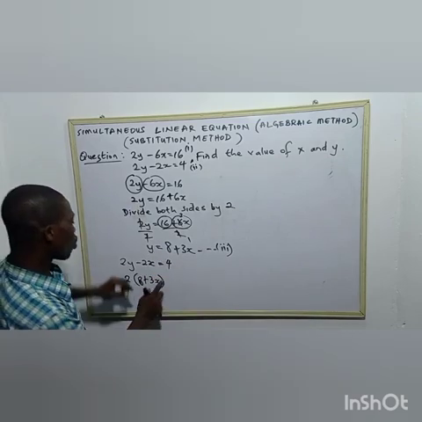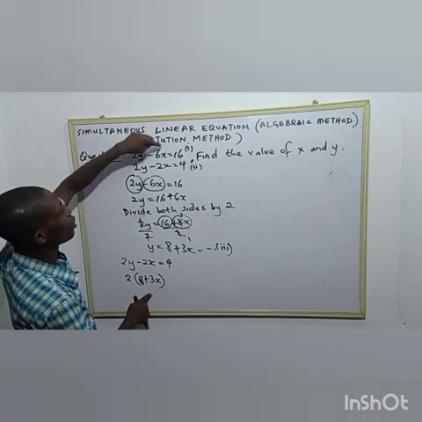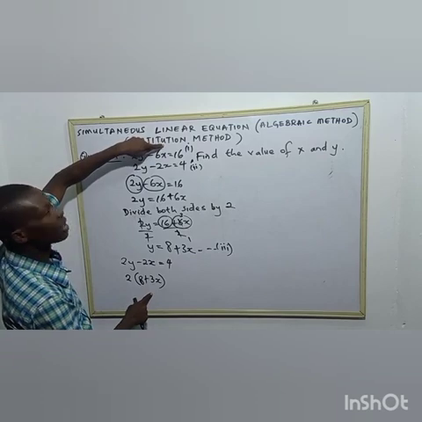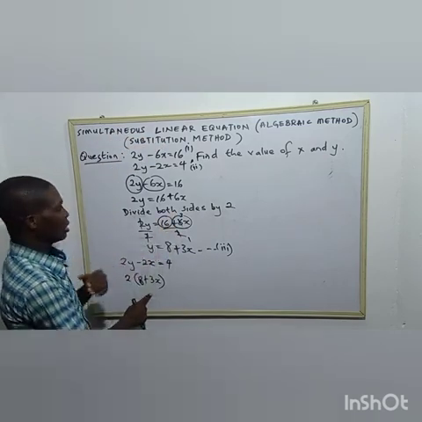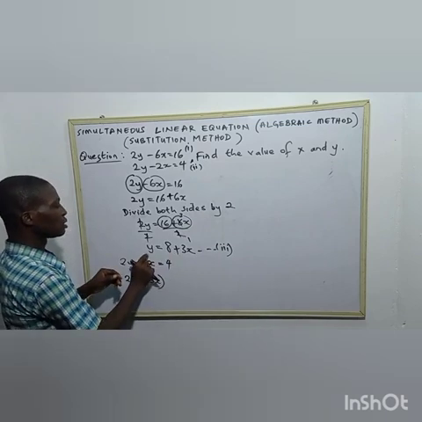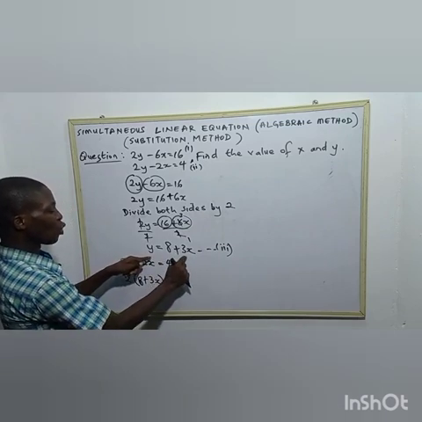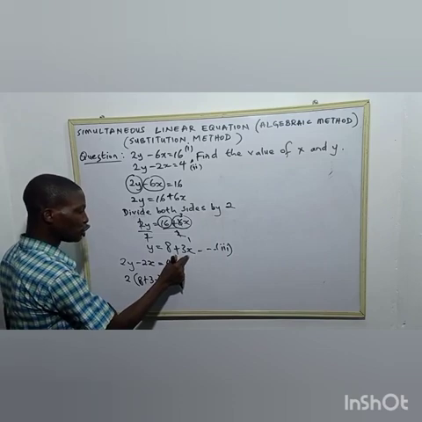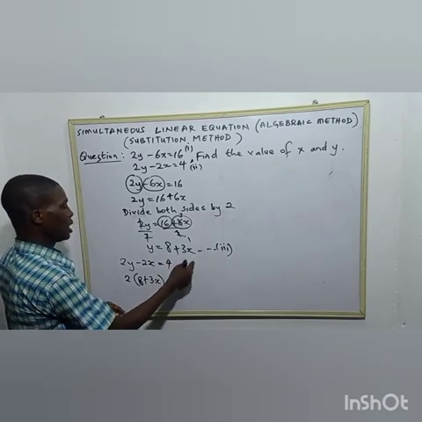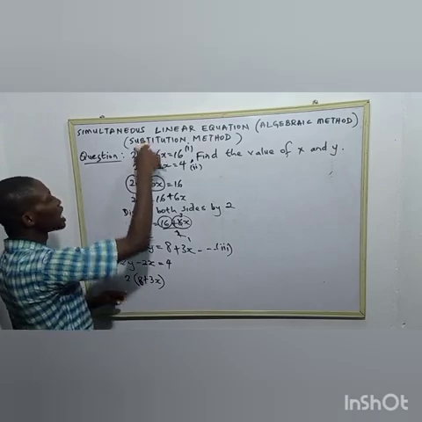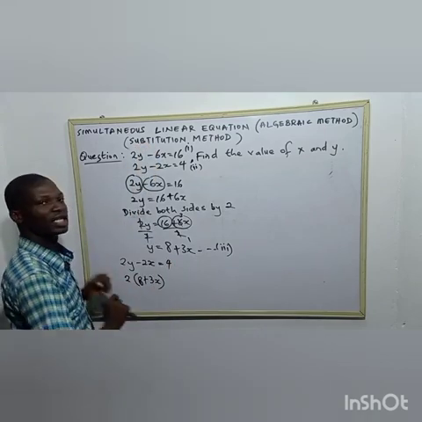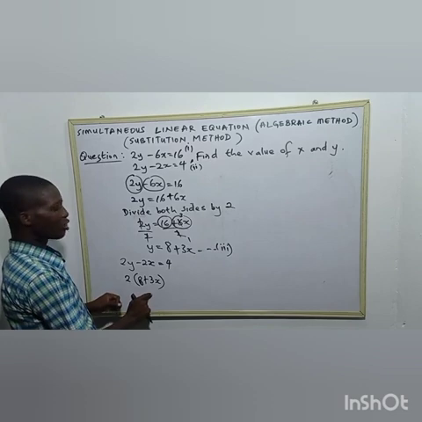And this is where the subtopic comes in. Substitution means replacement. Instead of writing y, since we have said they are equal, put everything here in place of y. That's we have substituted y for 8 plus 3x. Can you see it now?